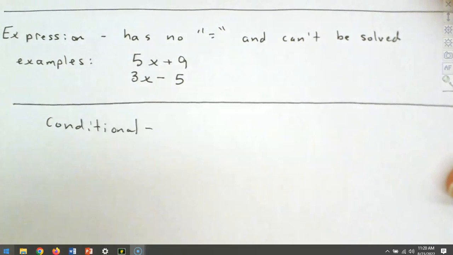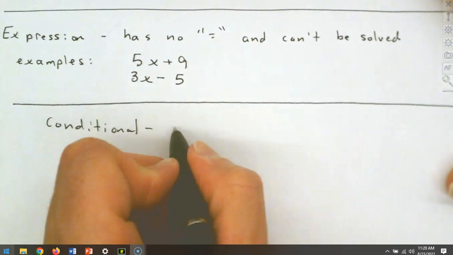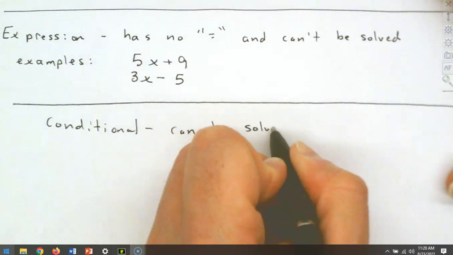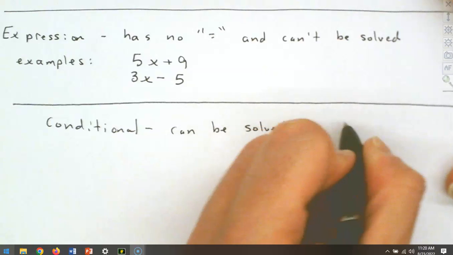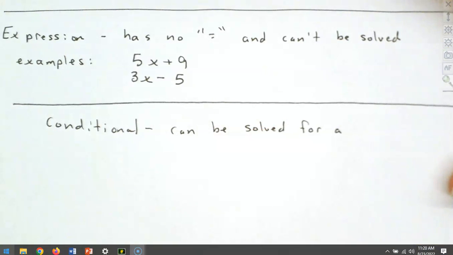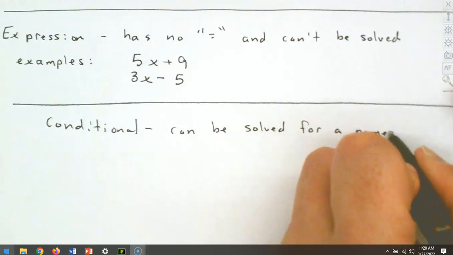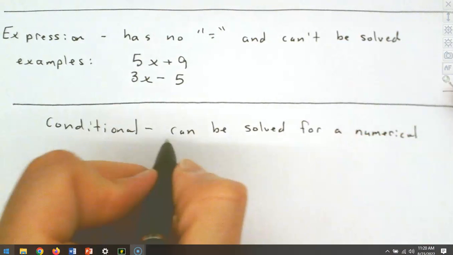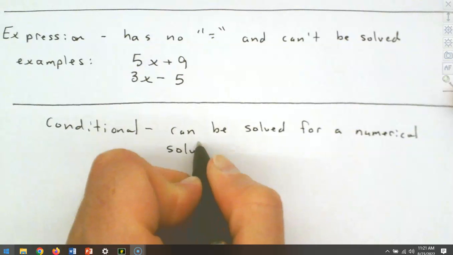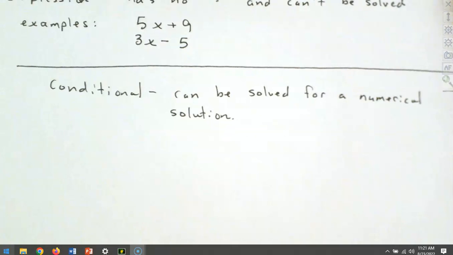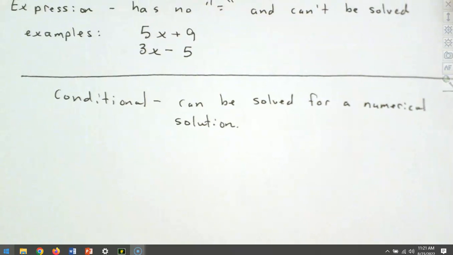A conditional equation can be solved for a numerical solution. We're going to be able to solve it for a numerical solution. And most equations are conditional.